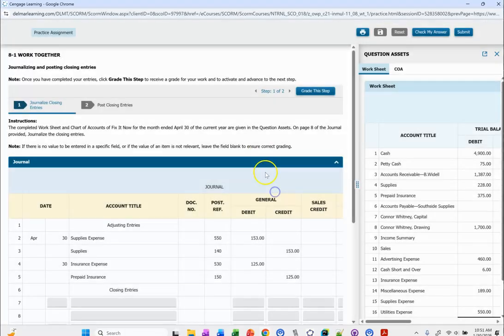Reset. Because I had this all done. Okay. So I'm going to pause for a moment and let everybody that needs to get their stuff logged in and get to the right spot.